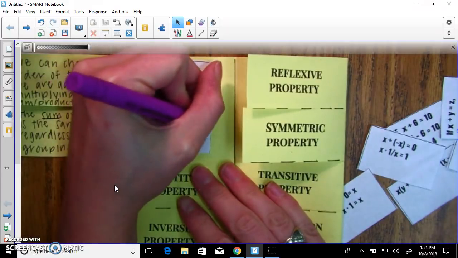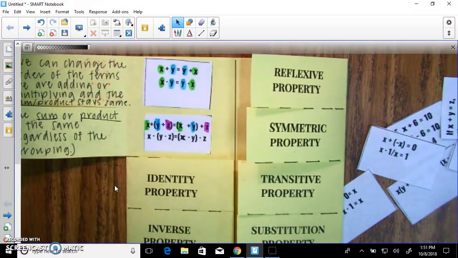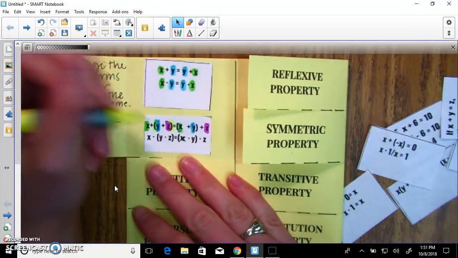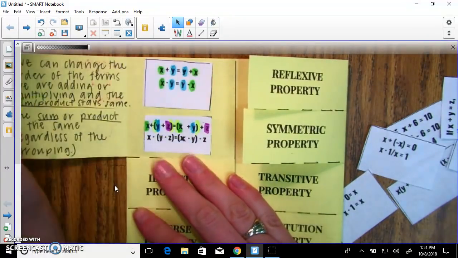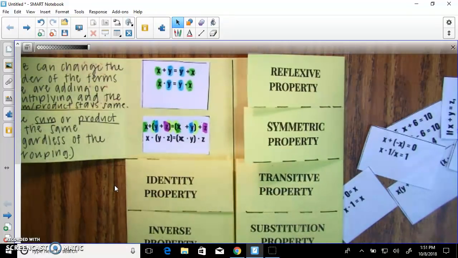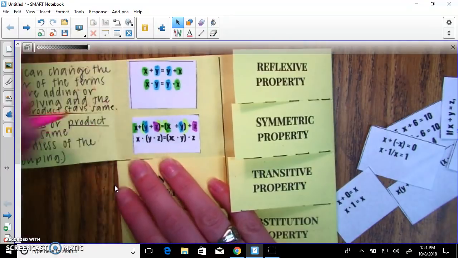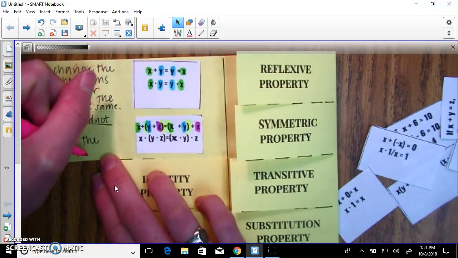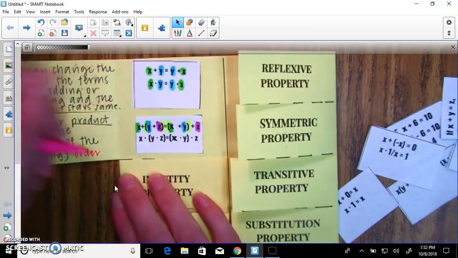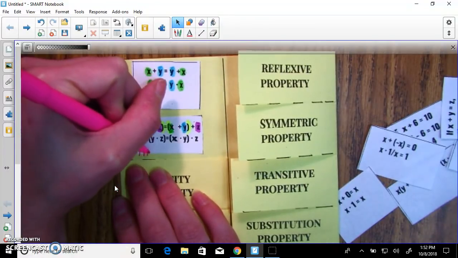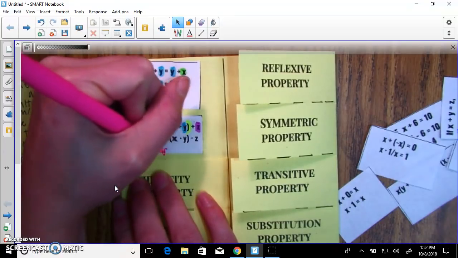So notice in the first example, y and z were grouped together, and in the second example, x and y are grouped together. So the grouping changes, not the order. Order stays the same.